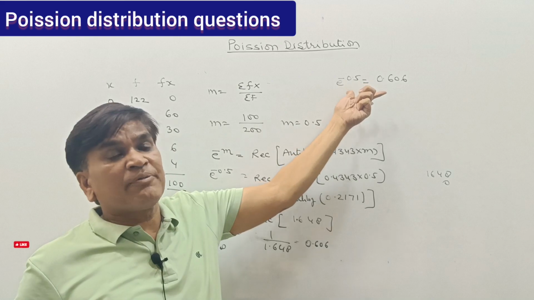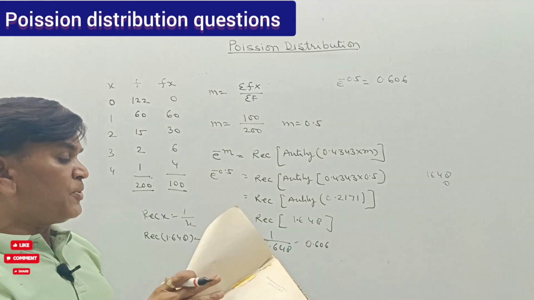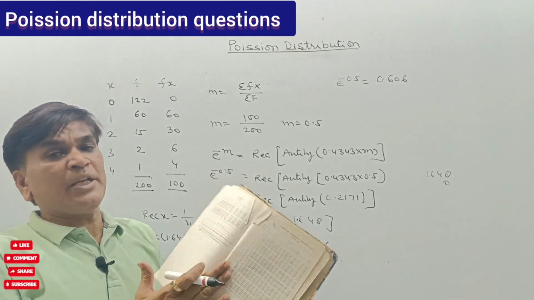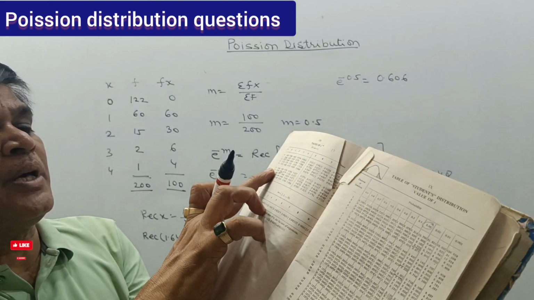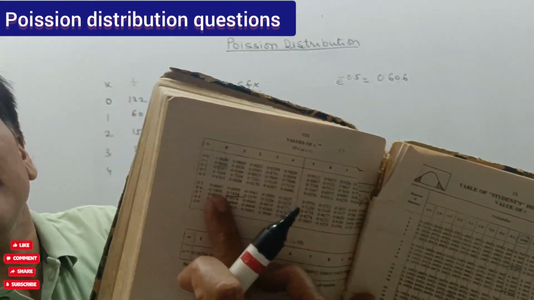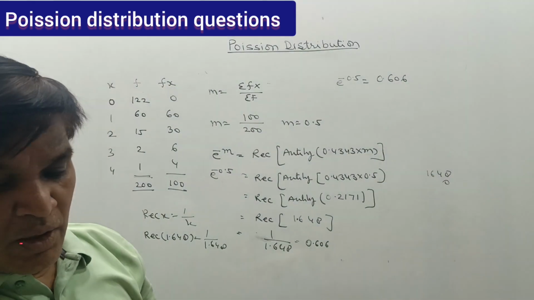You have to see 0.5, and 0.6065 is over there.